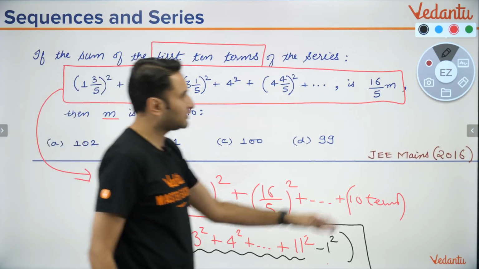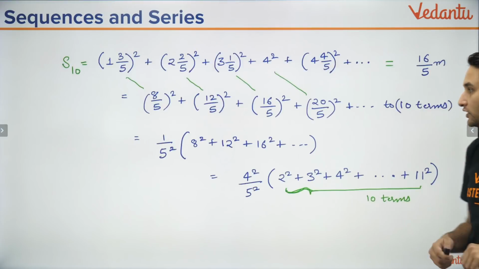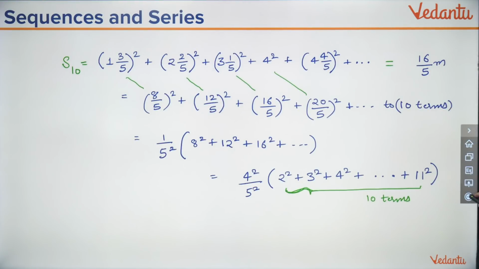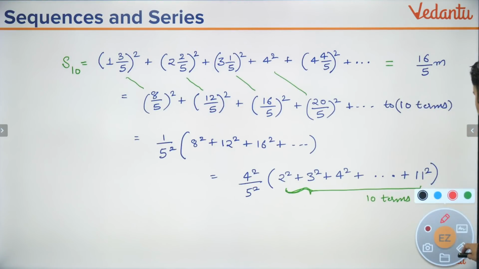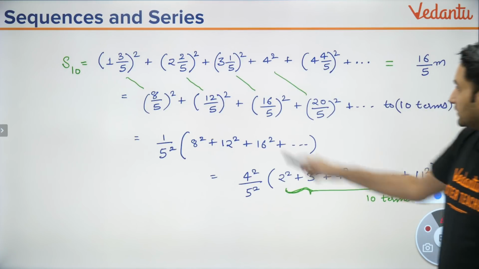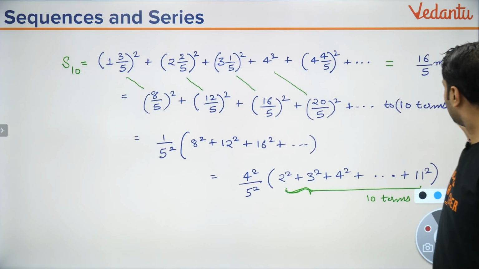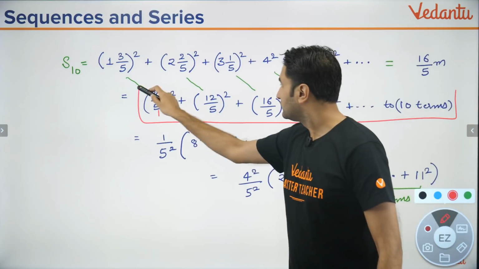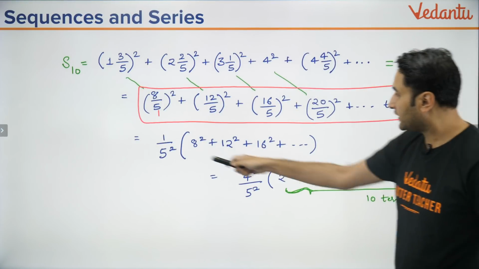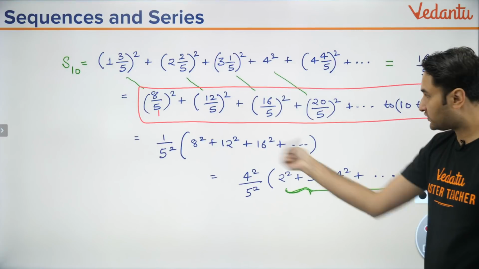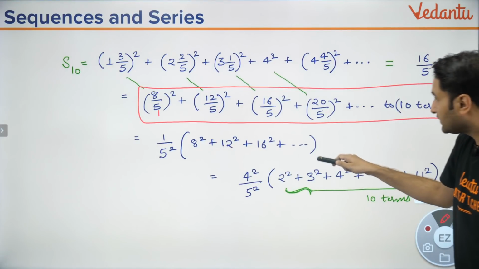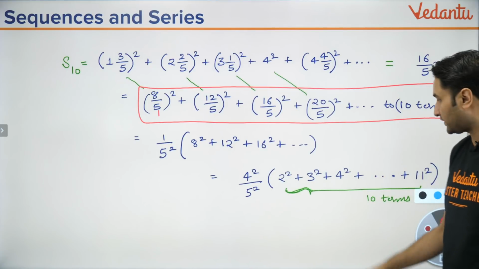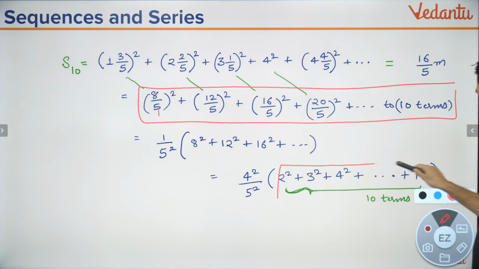Let me again summarize it for you. What did I do? See carefully. First we wrote it like this. Then I took 5 square common outside. Then from this I took out 4 square common outside. तो क्या बच गया आपके पास? 2 square plus 3 square से लेके 11 square.